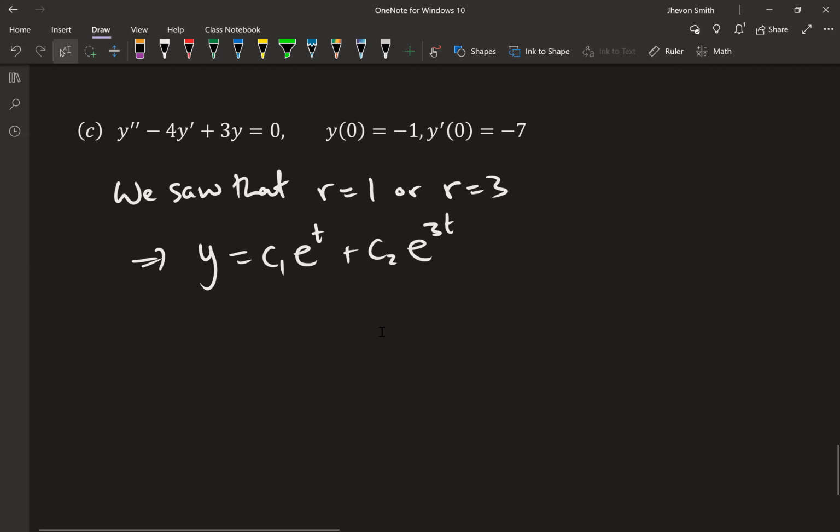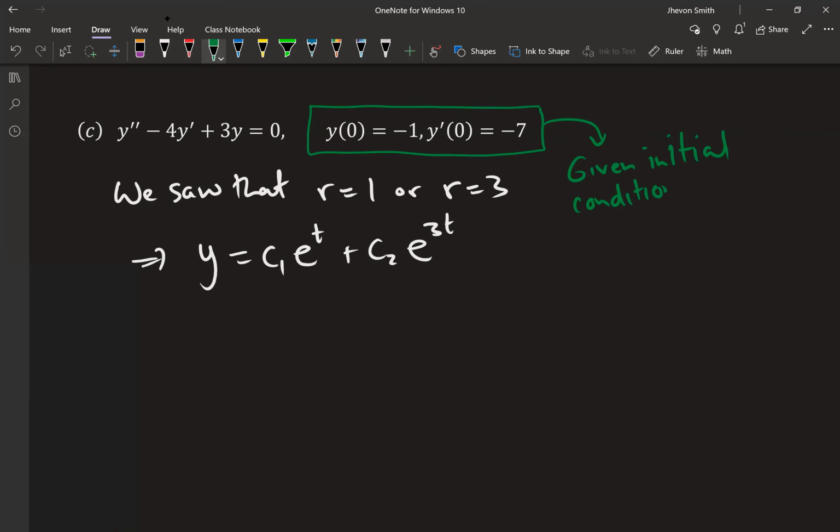Now what happens is that we're given initial conditions. So pretend I gave you the original problem with initial conditions. This means we need to solve for the arbitrary constants.